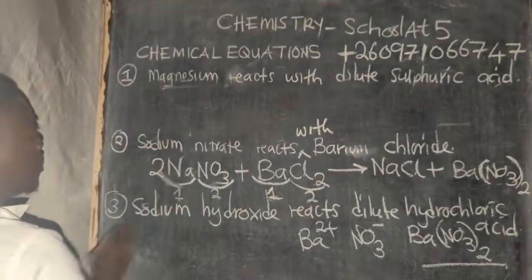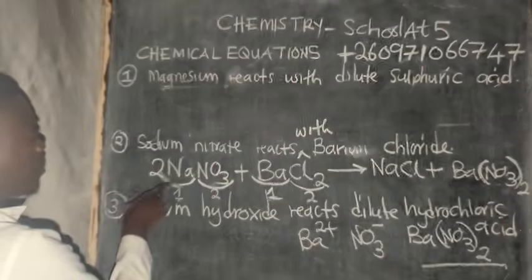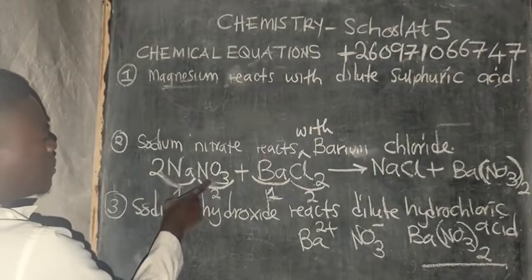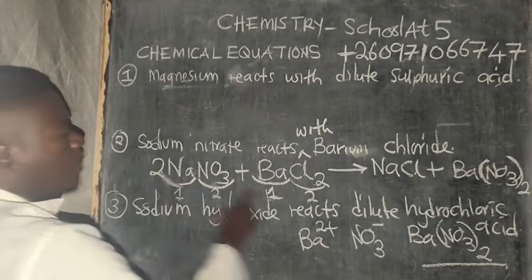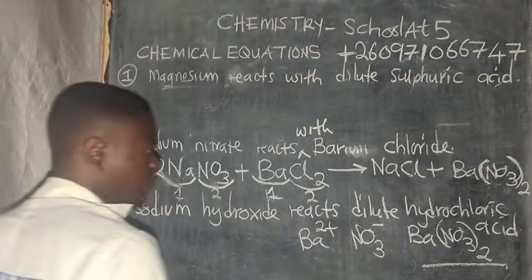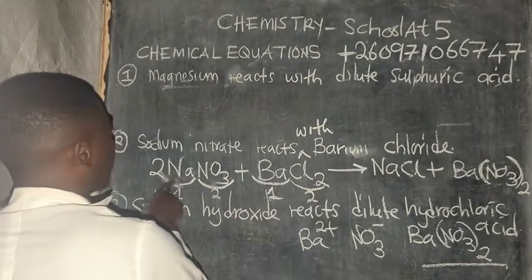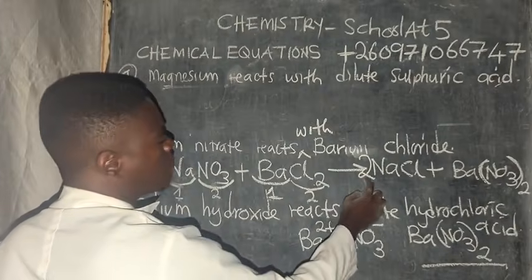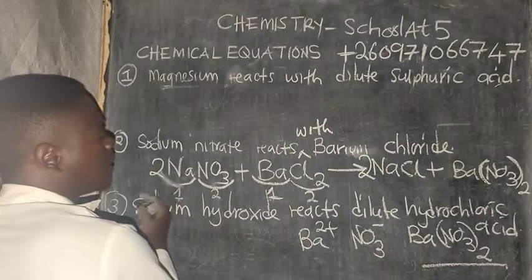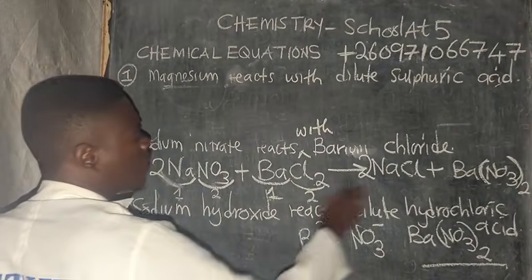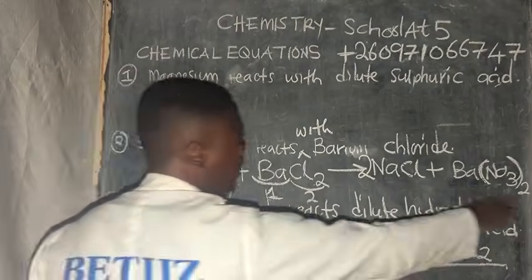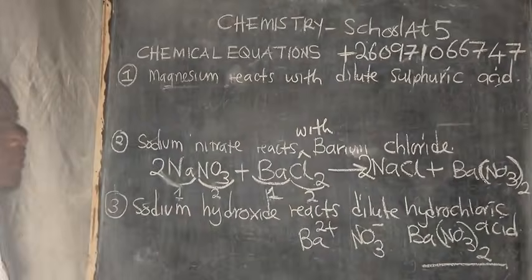When you put a 2 there, even sodium is affected, but nitrate is balanced, which is good. How can we balance sodium? We put a 2 here. So sodium is balanced. Chlorine 2, chlorine 2. Barium 1, barium 1. So this equation is balanced.